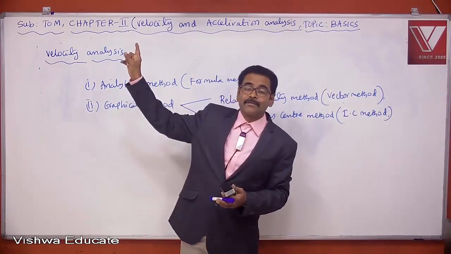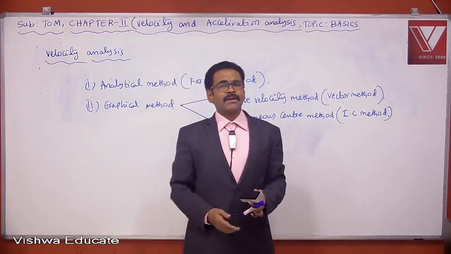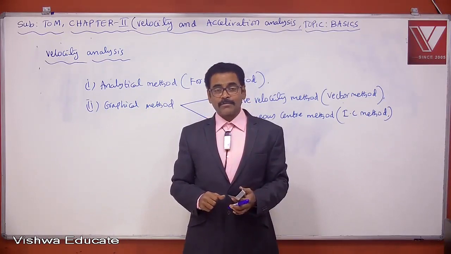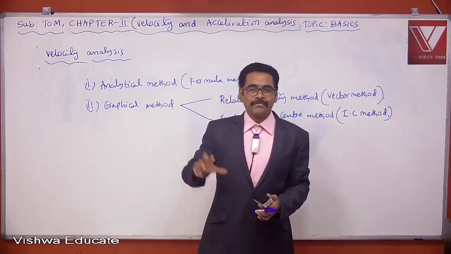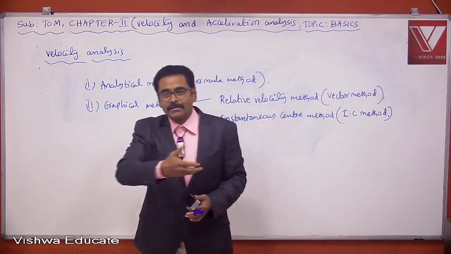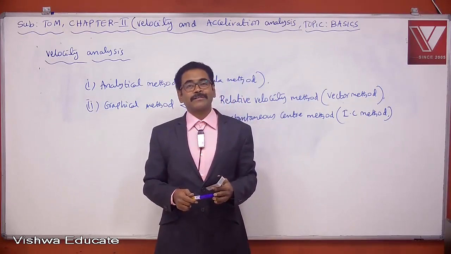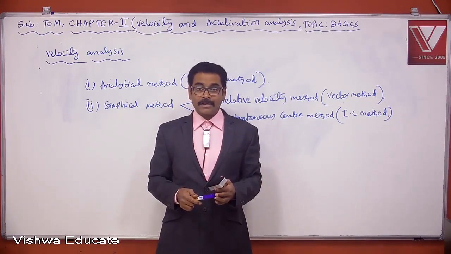Then only finally you will get velocity of ninth link. Or for instance, in the mechanism 12 links are there, velocity of link 2 is given, and I want to find velocity of the 12th link. You need to find velocity of all intermediate links between second link and 12th link. You cannot bypass velocities of various intermediate links.